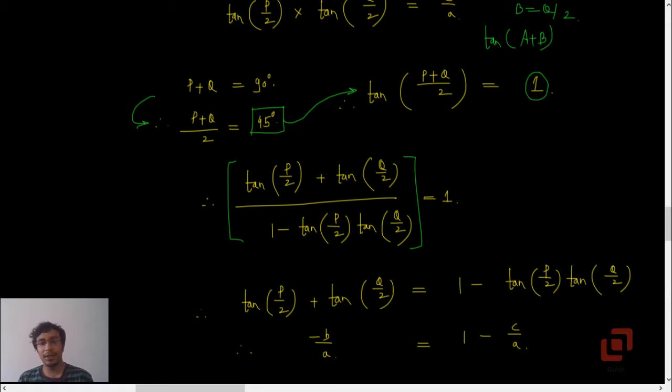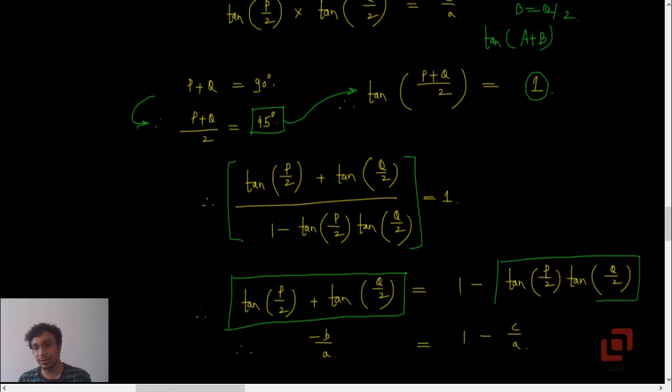If you expand it, it will be tan A plus tan B upon 1 minus tan A tan B, or sum of the roots, because these are the roots of the quadratic equation, is equal to 1 minus the product of the roots, isn't it? Because it is 1 minus tan P by 2 into tan Q by 2. If you shift it here, we have 1 here, so it will be the same term.